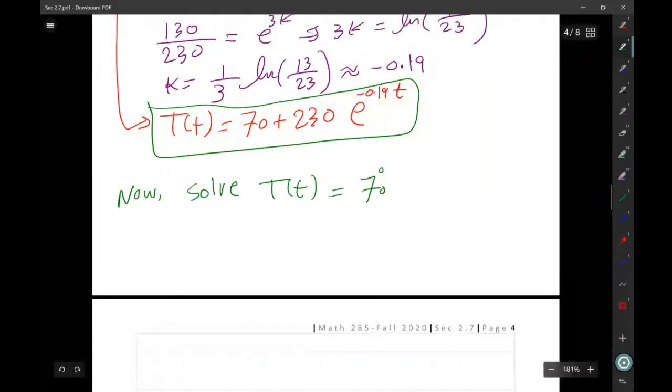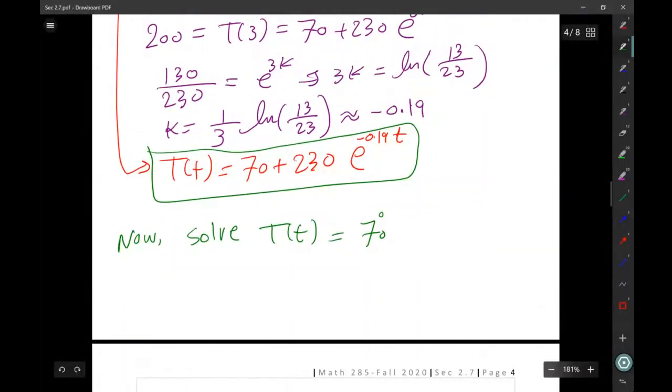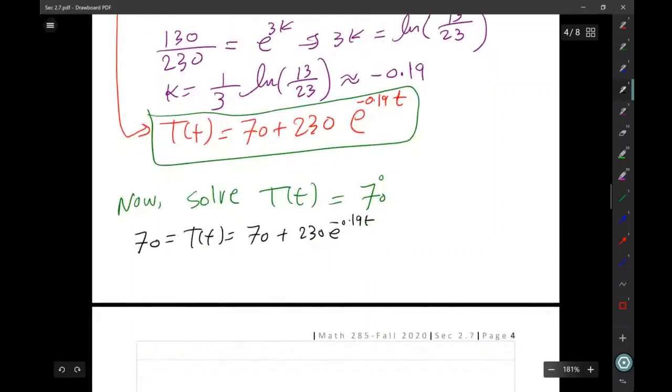All right. Listen to me. To solve it for the time, I'm sure the students will say the following. 70 is equal to T of t, which is equal to 70 plus 230 e to the power minus 0.19 t. But in this case, you will cancel 70 minus 70, which implies that 0 is equal to 230 e to the power minus 0.19 t.